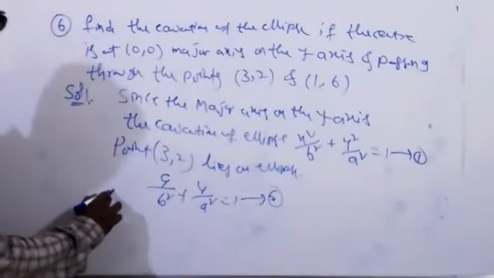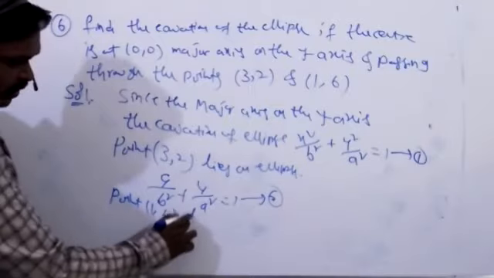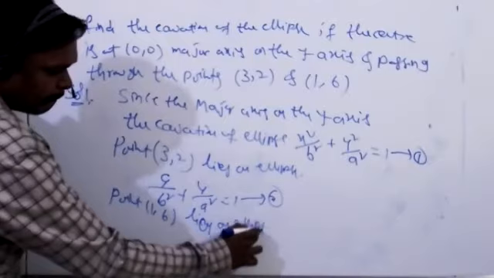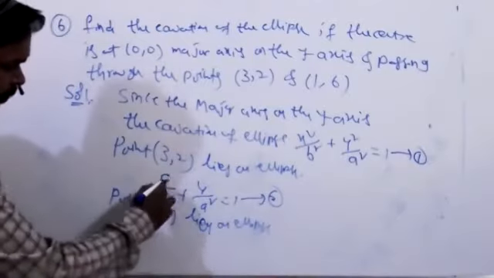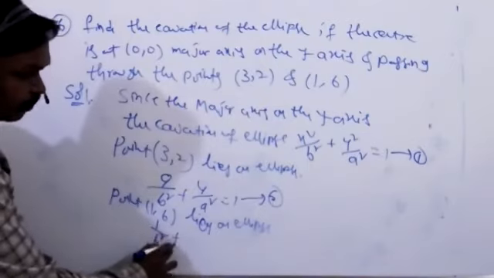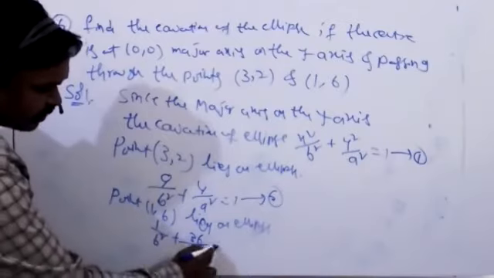Then again one more point is given, 1, 6. Point 1 comma 6 lies on the ellipse. Now 1 upon b square plus 36 upon a square is equal to 1.